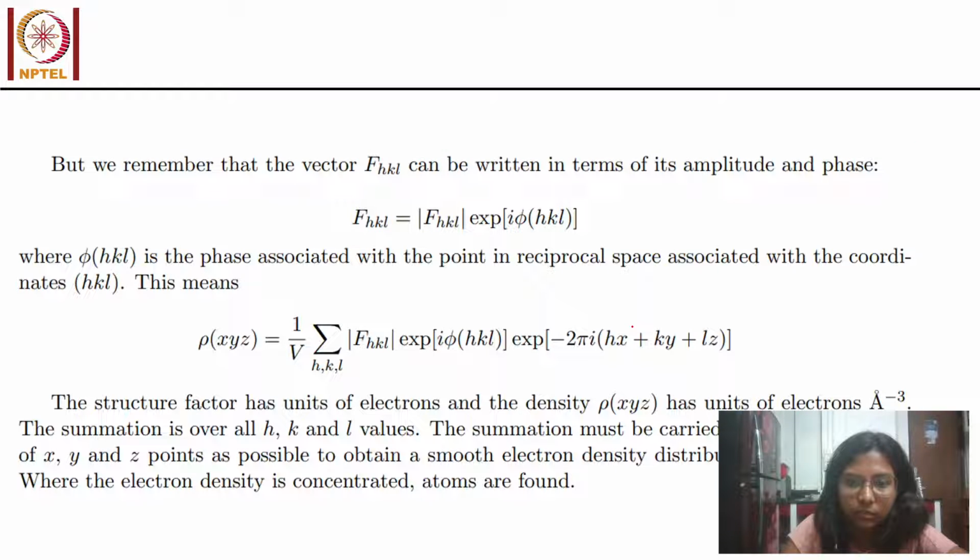Then we talked about how the structure factor is a vector, so it can be written in terms of its amplitude and its phase. It is actually a vector, so no sign is given, but this part is the amplitude and this part is the phase.